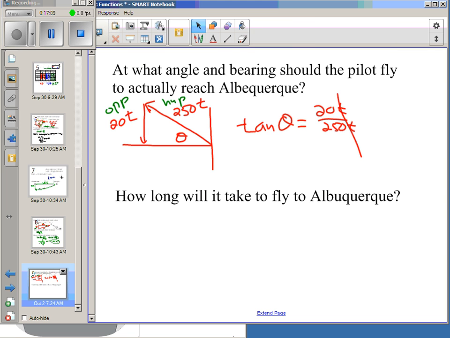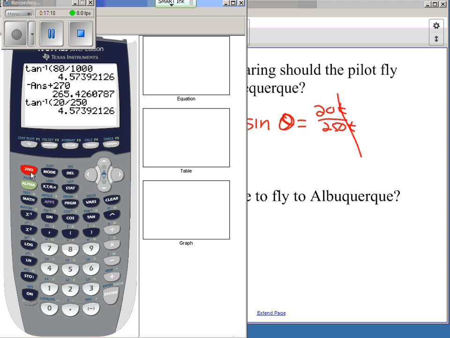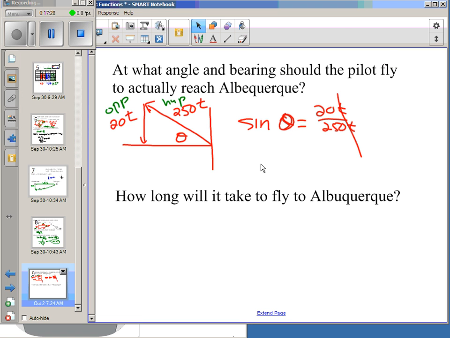So it's not a tangent problem at all. It is a sine problem, which means that my answer will be inverse sine of 20 over 250. And it's similar, but it's 4.589 degrees.